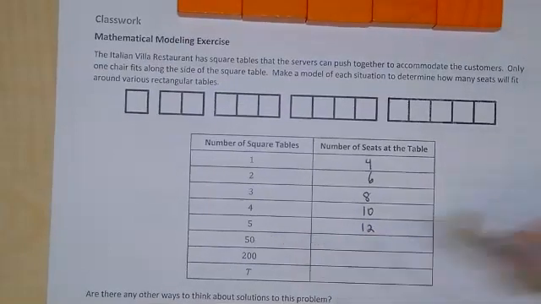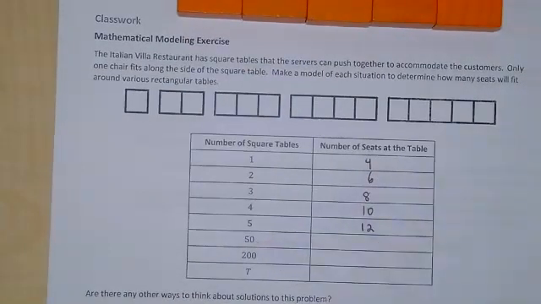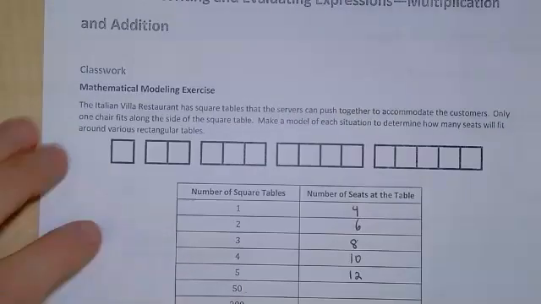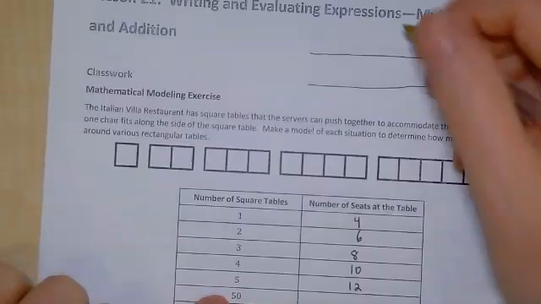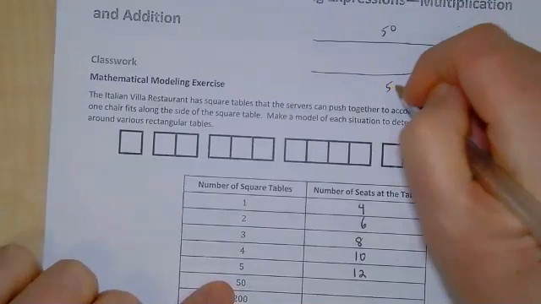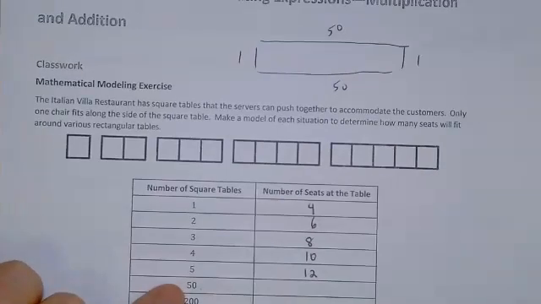Now we have a problem because we don't want to have to go get 50 blocks and line them up. So what we're going to look for is a pattern. Okay? And we're going to go all the way to 50 seats. If you think about Camden's strategy, watch this. Here's a strategy. If there's 50 on this side and 50 on this side and 1 on each end, how many seats?